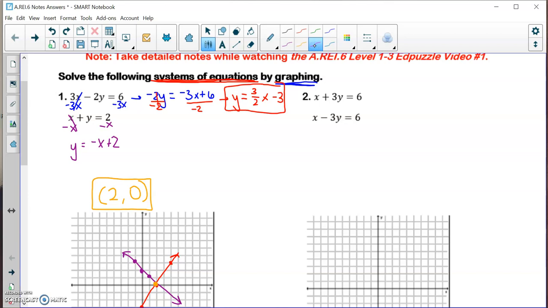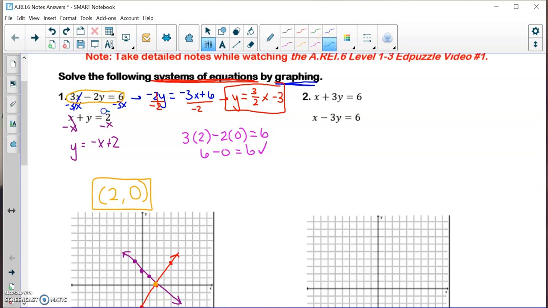In my original equation, 3x minus 2y equals 6, if I put 2 in for x and 0 in for y, I would wind up with a true statement, because I get 6 minus 0 is equal to 6, which is a true statement.